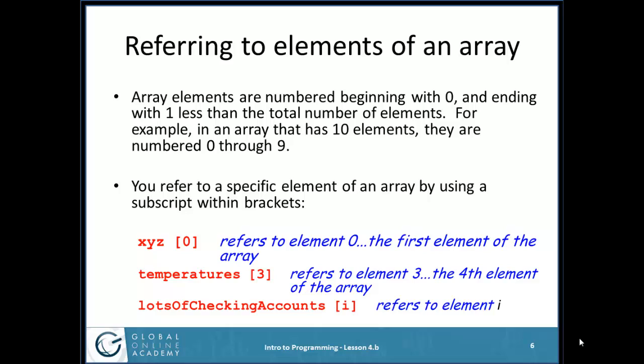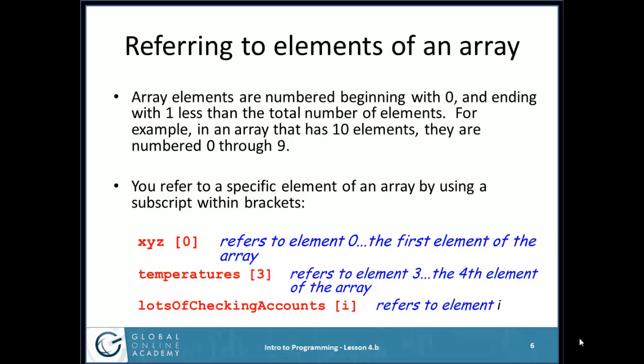So how do we refer to those elements? Array elements, as you saw on the previous page, are numbered beginning with 0, and they end with 1 less than the total number of elements. So, for example, an array that has 10 elements is numbered 0 through 9. An array that has 22 elements would be numbered 0 through 21, and so forth. You refer to a specific element of an array by using a subscript within those square brackets.